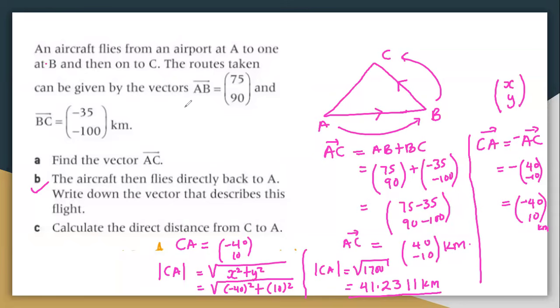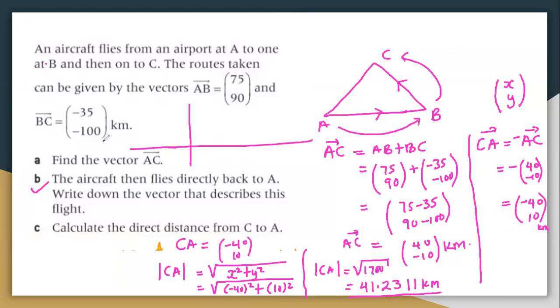Yesterday we looked at how we find the modulus or the length. Do you remember? No. Okay, I think this is your first on vectors. Yesterday we looked at it.